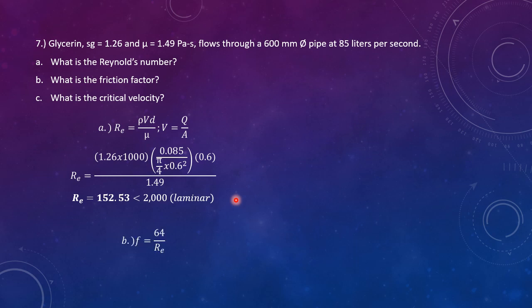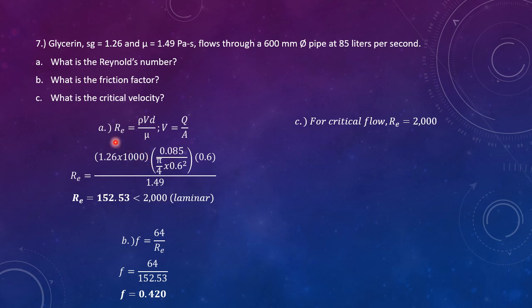And for laminar flow, the formula for friction factor is equal to 64 over Re. Substituting the computed value of Re, we get f equal to 0.420. And finally, to compute for critical velocity, we have to remember that for critical flow, Re is equal to 2000.